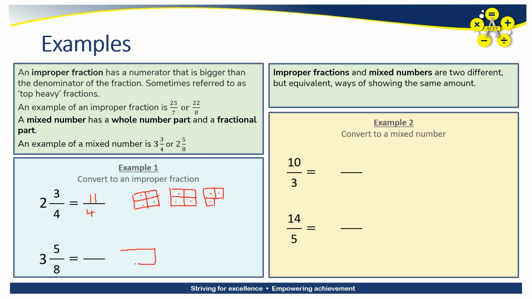I'm going to do the same down here with 3 5/8. So I've got 3 whole ones. So here's my one. Got another one. And then I'm splitting them into 8s. I've got a third one. And then I've got 5/8 as well.